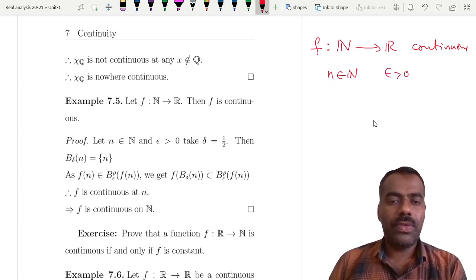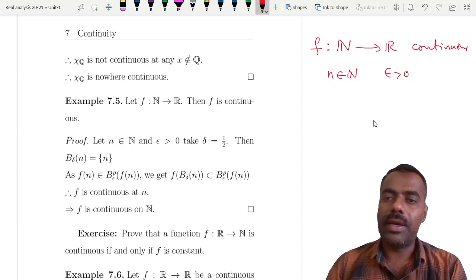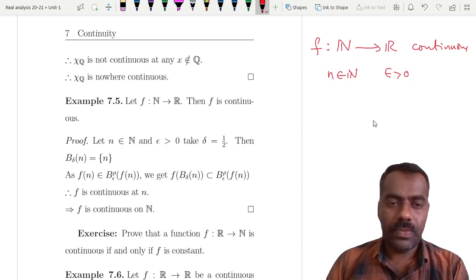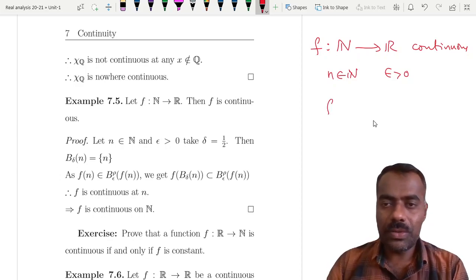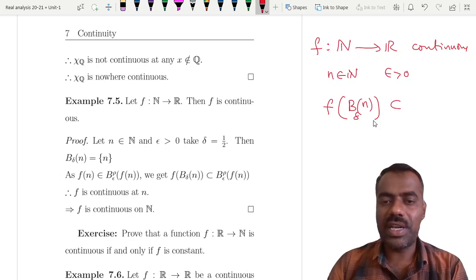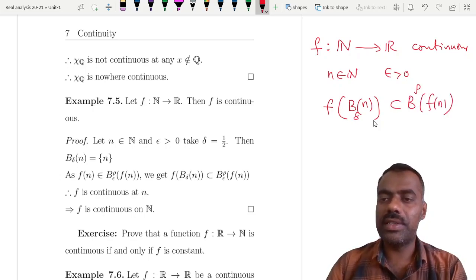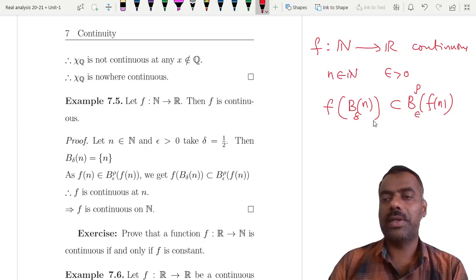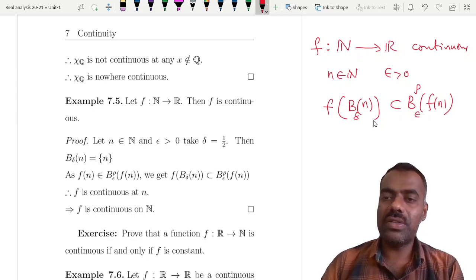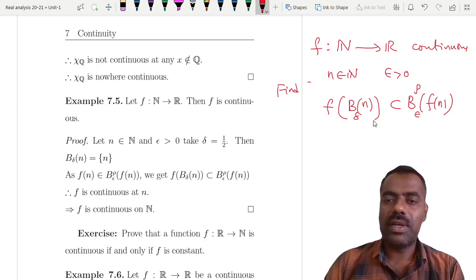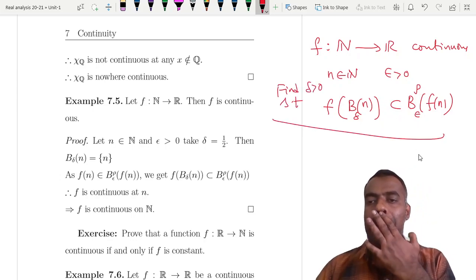Then we want to show, in terms of balls, that we can find some delta such that this ball is contained in the ball around f of n. You can call it this rho of this epsilon, right? So find delta greater than 0 such that we want to show this, right?